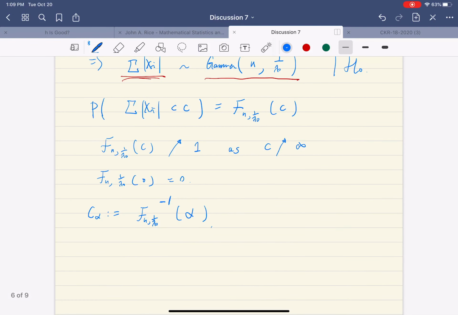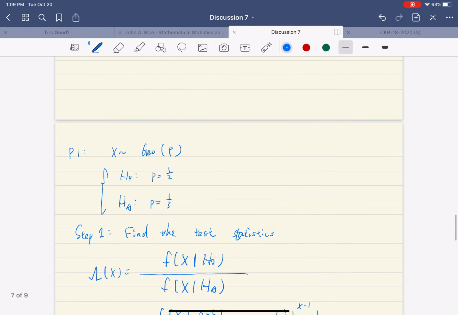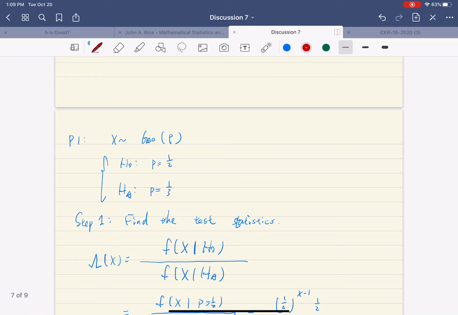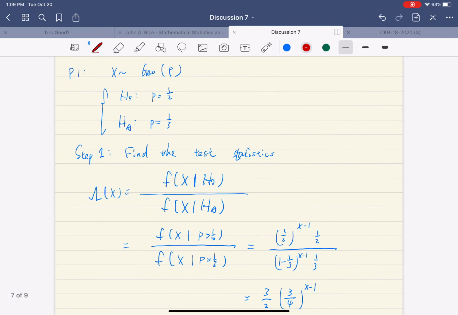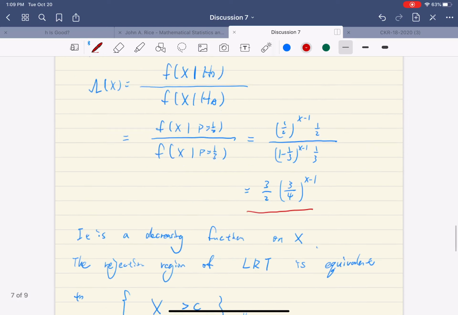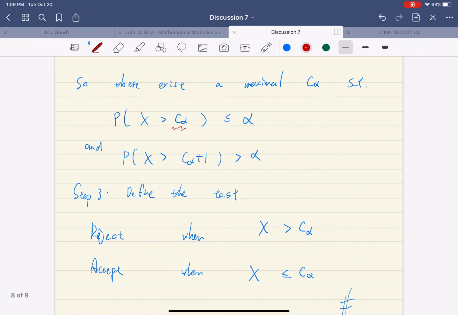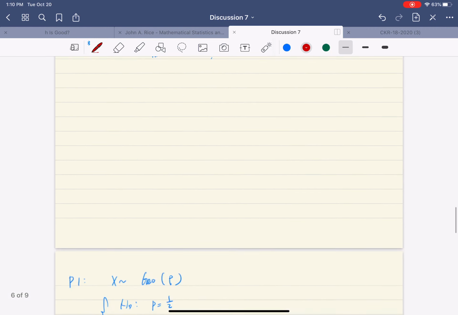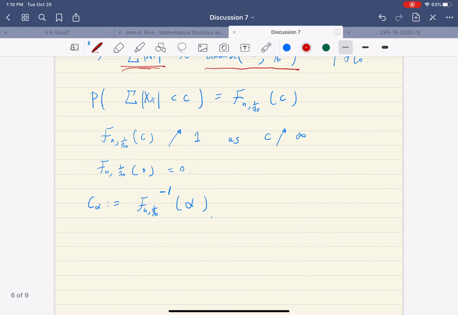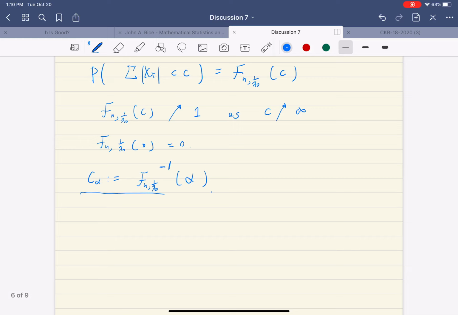So this is our C alpha. And this is a little bit different from the one in question 1, because in question 1 it's a discrete random variable, so we may not find an exact C alpha such that the significance level is alpha. But in this case we can, because this is a continuous random variable.